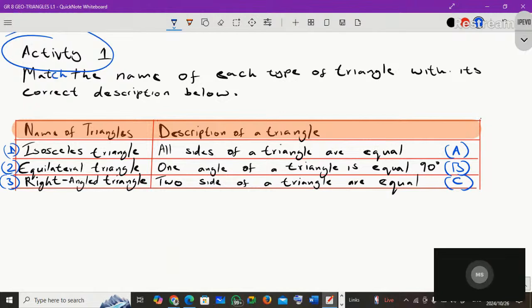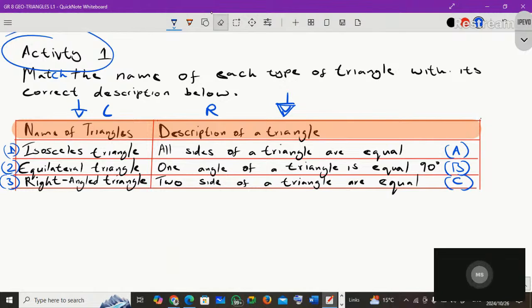Match the name of each type of triangle with its correct description below. So as you can see by the drawing here below, we have names of triangles on the left hand side. Then on the right hand side, we have what? We have descriptions. So now you are using your knowledge from grade 7. I will give you 1 minute just to look at this, then you come up with your solutions.